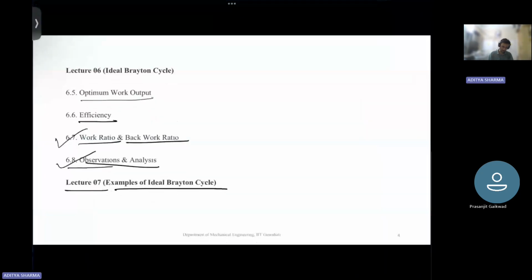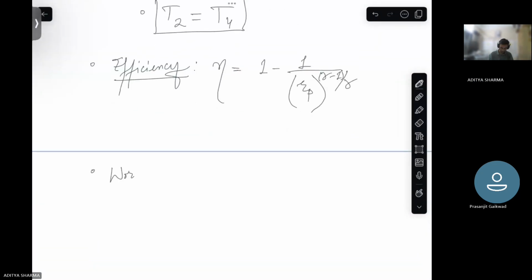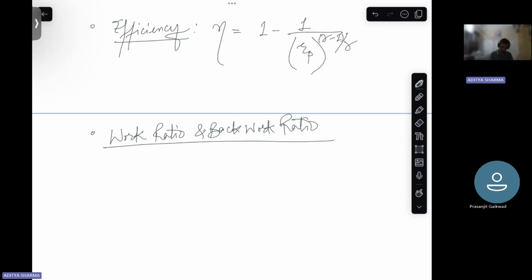Then is your work ratio and back work ratio. So your work ratio, RW, basically is W net by W turbine.